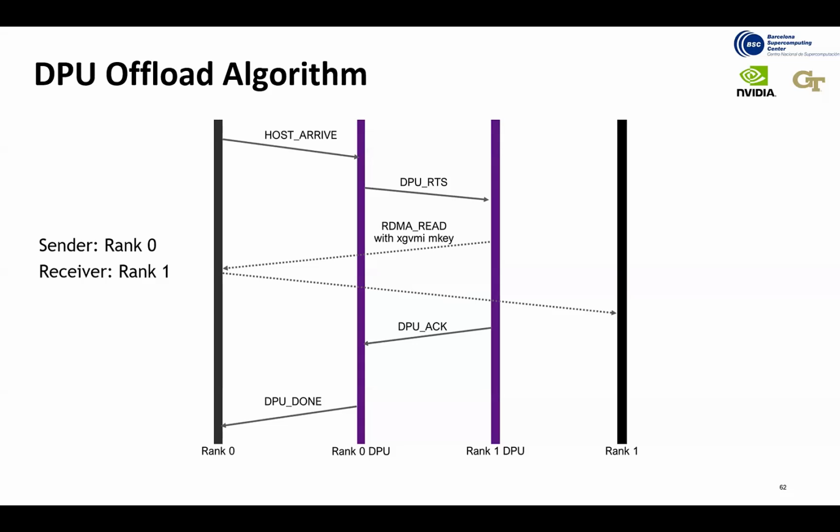So the interesting part again is that by leveraging cross-GVMI here, the processes running on the DPUs can move data relative to your application without involving any of the hosts. So that's really important, and this is how we can get 100% overlap. Next slide.